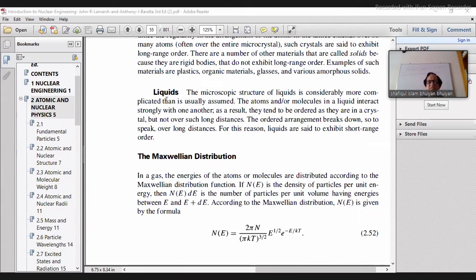If the function is n of E, the density of the particles per unit energy, then n(E) dE is the number of particles. Of course, this is per unit volume, the number of particles per cubic centimeter, and then you multiply it by dE, the particles per unit volume having energies between E and E plus dE.